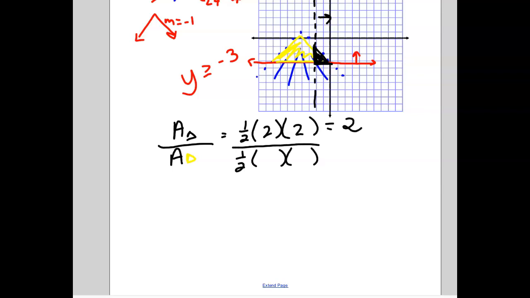Here my base went from this point to this point, which is a distance of 8. And my height was from here up to here, which is a height of 4. So base was 8 and height was 4. So half of 32 would be 16. Reduced, we end up with 1/8. So we have a 1 out of 8 chance that a point in the yellow region is also in the black region.